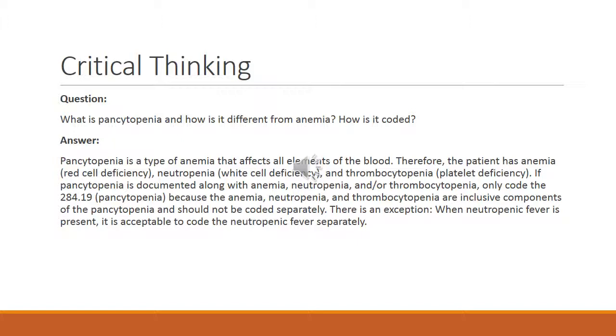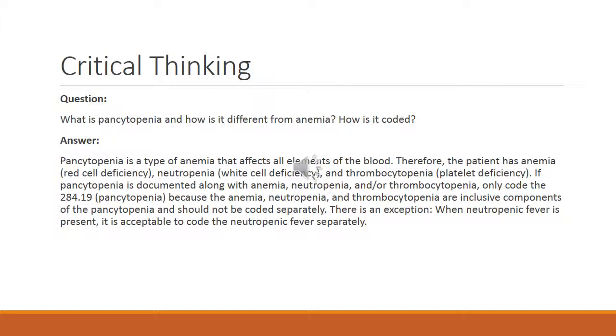Our next critical thinking question: what is pancytopenia and how is it different from anemia? How is it coded? And our answer: pancytopenia is a type of anemia that affects all elements of the blood. Therefore, the patient has anemia, which is red cell deficiency, neutropenia, which is white cell deficiency, and thrombocytopenia, which is platelet deficiency.